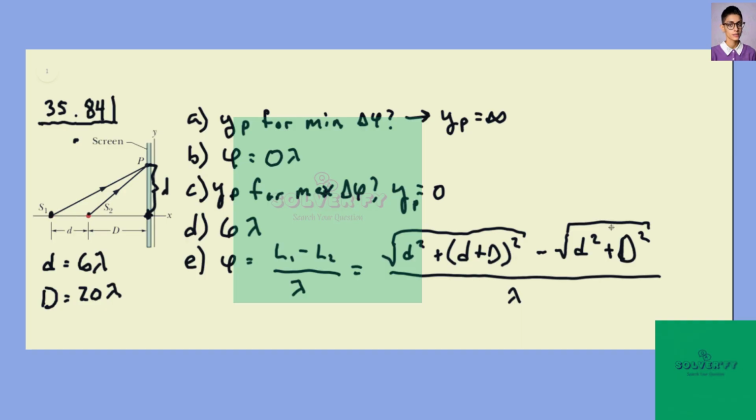These are all in terms of lambdas, and so all the lambdas will cancel. And so this is 5.8 wavelengths.